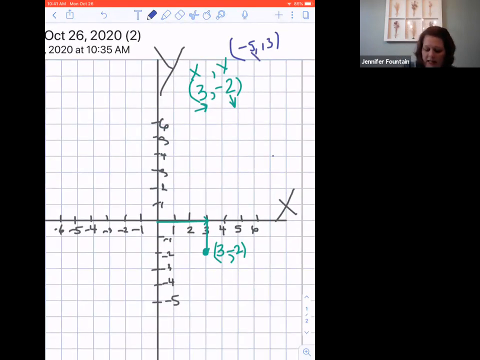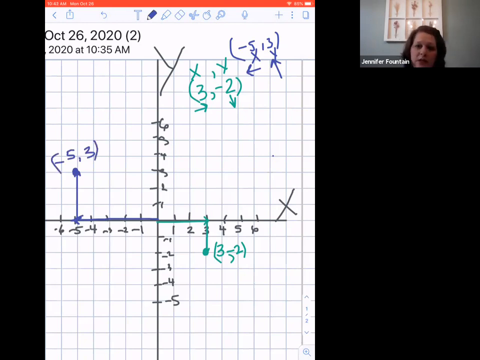So again, I've got X and Y. Negative tells me I'm moving to the left. 3 tells me I'm going to go up. So if you want to label each one, go ahead. So I'm going to move to the left 5, 1, 2, 3, 4, 5. And then I go up 3, 1, 2, 3. And right there is where I would graph -5, 3.